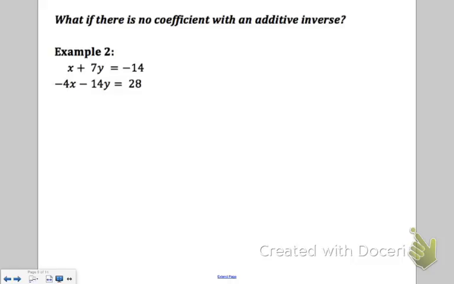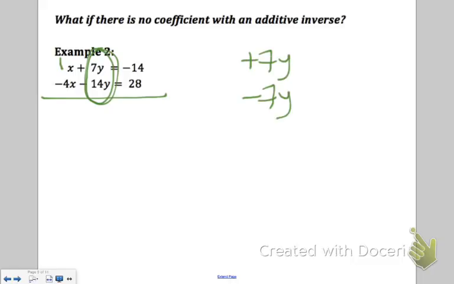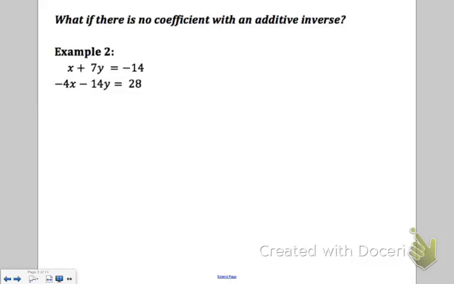If you had decided to cancel out the y's first, let's take a look at what we would need to multiply each equation by. So again, we have +1x plus 7y equals -14. So if I wanted to cancel out the y's, I would have to have either +7y and -7y, or +14y and -14y. It's easier to go from a smaller number to a bigger one since we would just have to multiply by a whole number. So let's change the first equation to have a coefficient of +14.